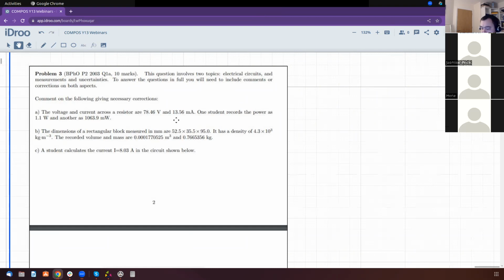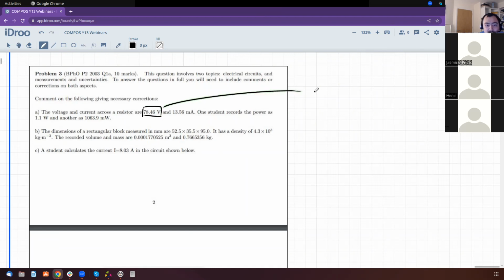This is quite an unusual task, but if you're familiar with circuits and uncertainties, you'll be fairly confident with this. So the voltage and current across the resistor. It says here that the voltage is 78.46.